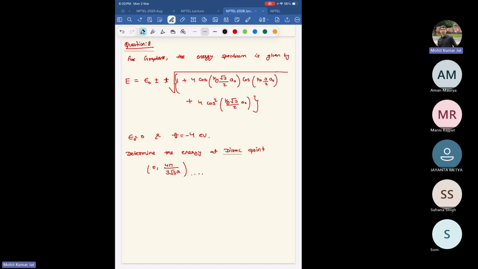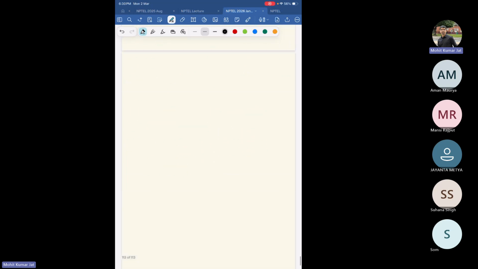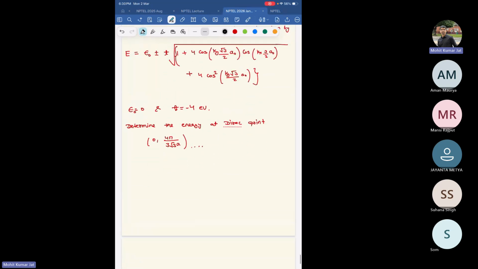In the earlier one, we determined the Dirac point given the energy equation. Okay, let me just put the answer. Since at the Dirac point, as I said, the energy is 0. This is the 0 energy point.